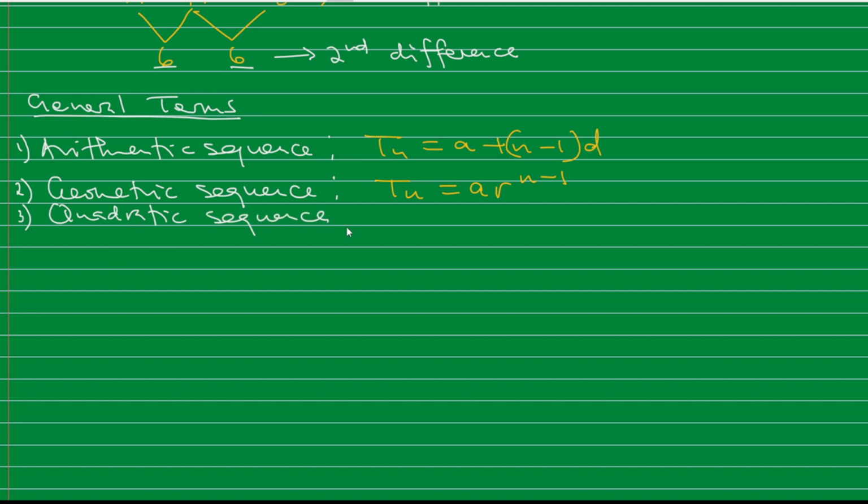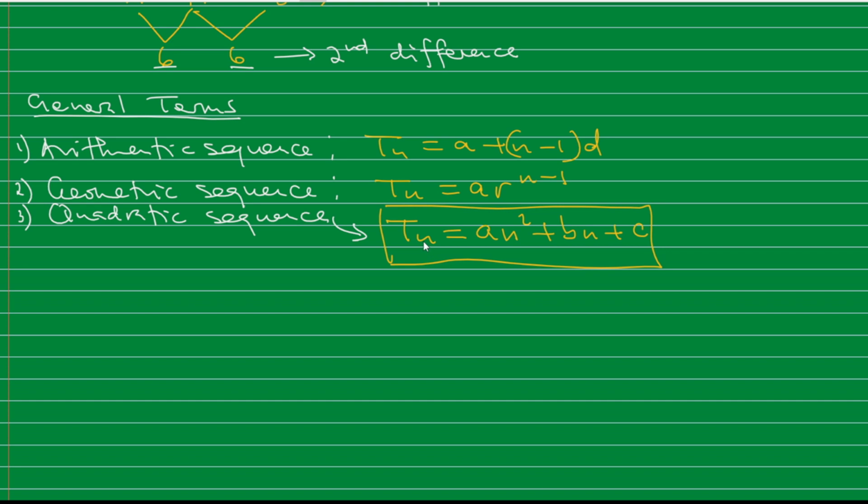For a quadratic sequence, let me write the term here. The general term is given by Tn is equal to an squared plus bn plus c. This is what we are going to focus on in this tutorial. We know that Tn refers to the term in the nth position.